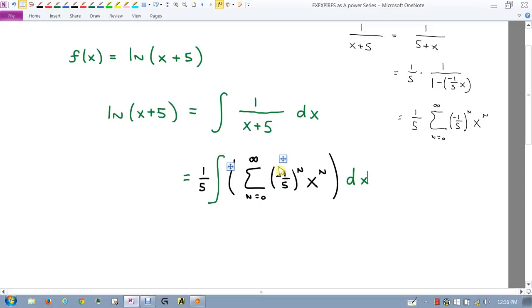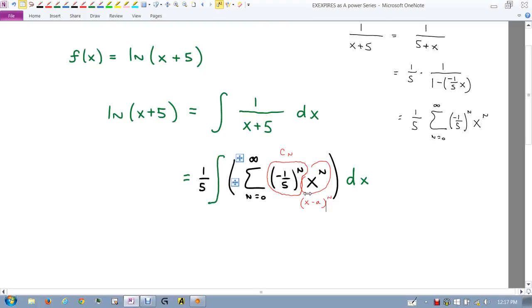So I want to integrate this. And be careful, because what is this right here? This is our c sub n, isn't it? And this part right here is our x minus a to the n.